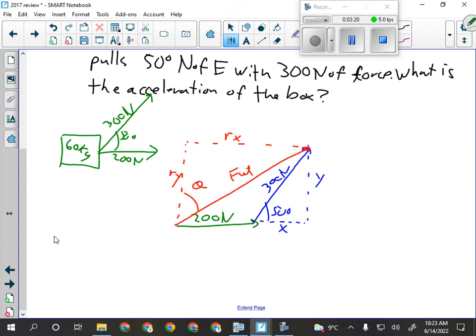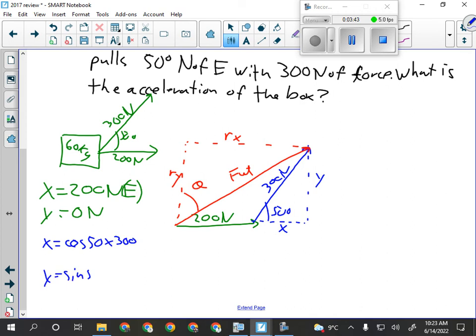Then we have to find our x and y components. For the green one, x is 200 newtons east, and y is 0 newtons. For the blue one, x is going to be the cos of 50 degrees, because it's the adjacent side, times 300, and y will be the sine of 50 degrees, because it's the opposite side, times 300.